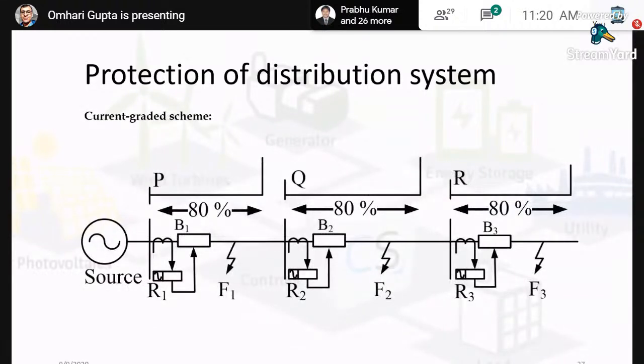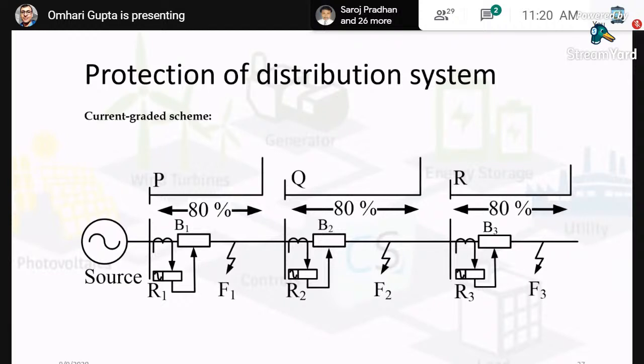Then you may have the current graded scheme. Again, the settings will increase in terms of current setting when you move towards the source. In this current graded scheme, the relay setting corresponds to 80% of the feeder length. Why?